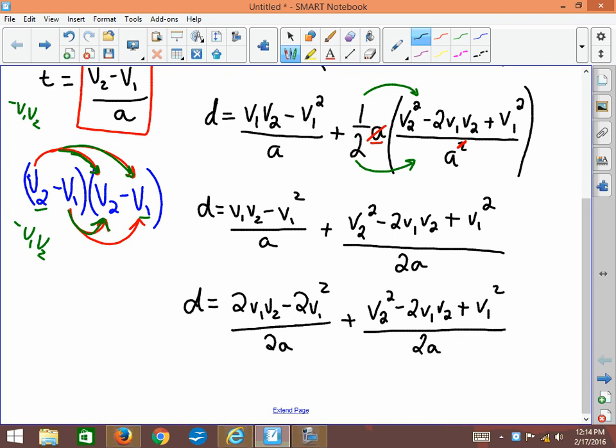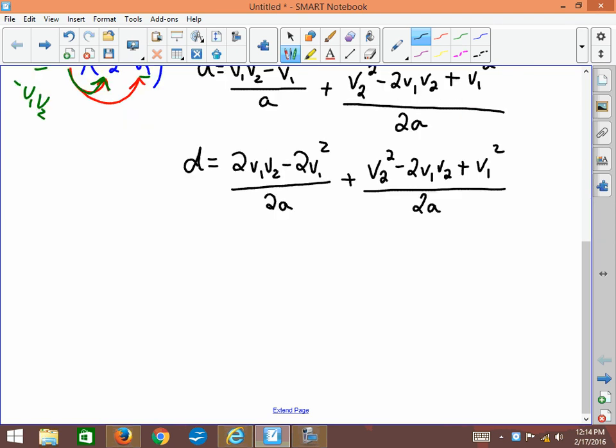Okay, and now we have to think about what we can do next. What's really bugging me is having to write these fractions all the time. I'd like to get rid of the fractions. So it occurs to me that if I multiply everything by 2a, the fractions will be gone, right? So let's do that next. Let's multiply everything, both sides of the equation. That's the rule.